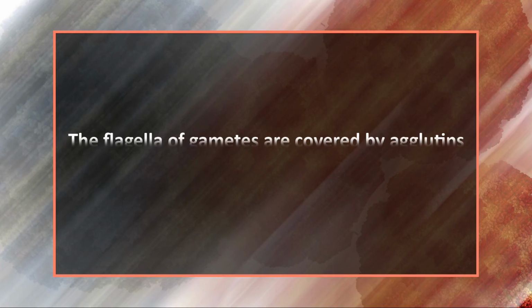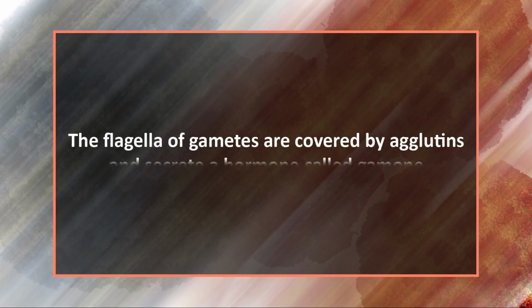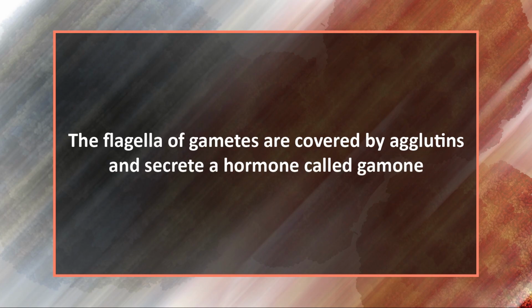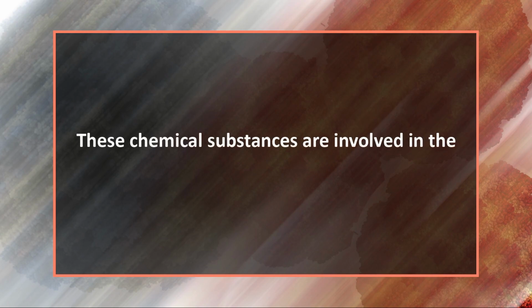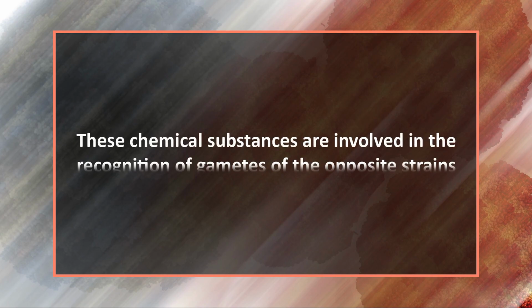The flagella of gametes are covered by agglutinins and secrete a hormone called gamone. These chemical substances are involved in the recognition of gametes of opposite nature.